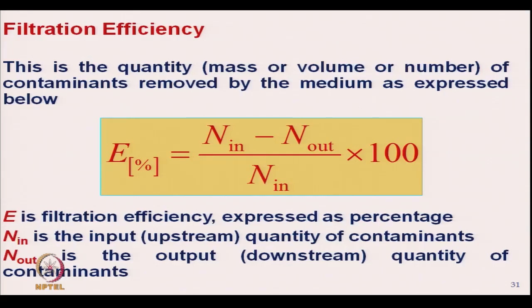The filtration efficiency is expressed as the quantity of contaminants. The quantity is in terms of mass or volume or number of contaminants which is removed by the fibrous medium, that is the filter medium.